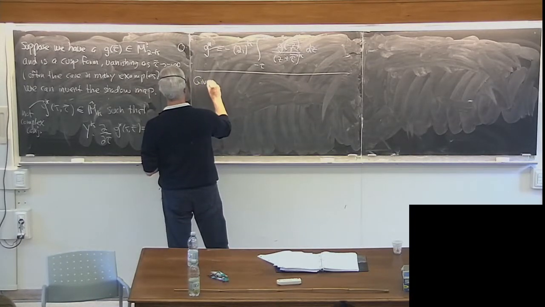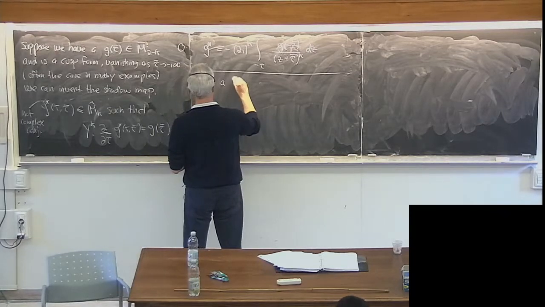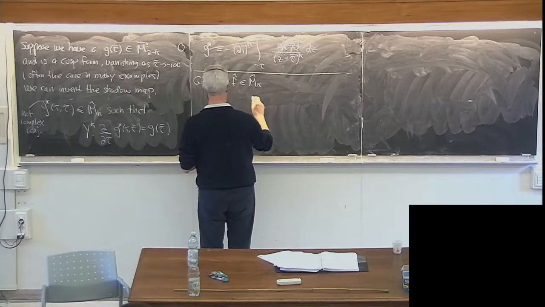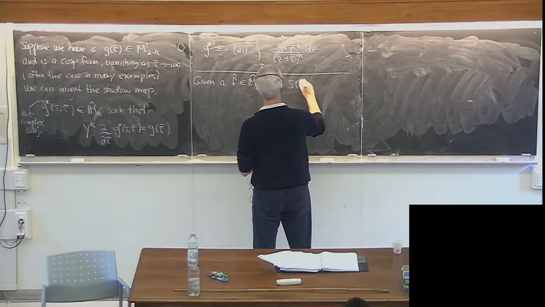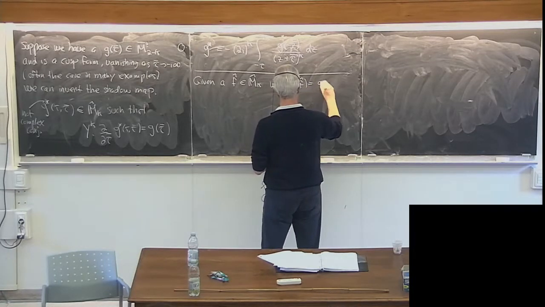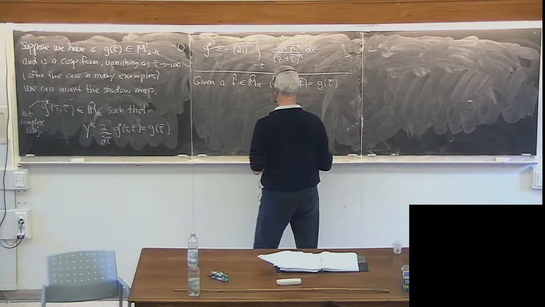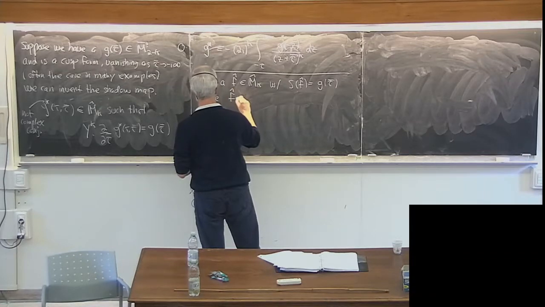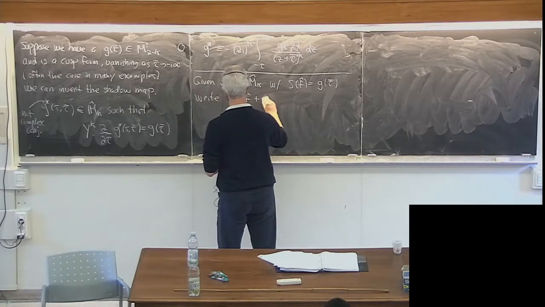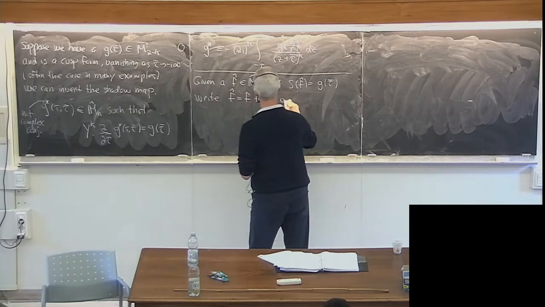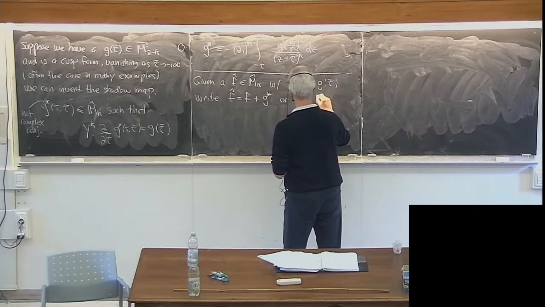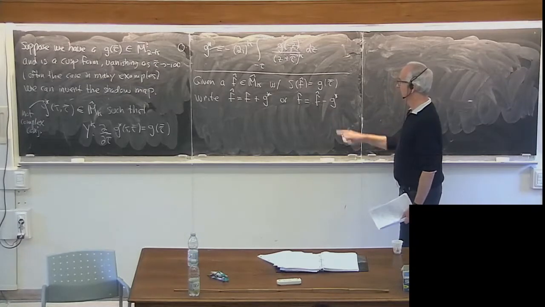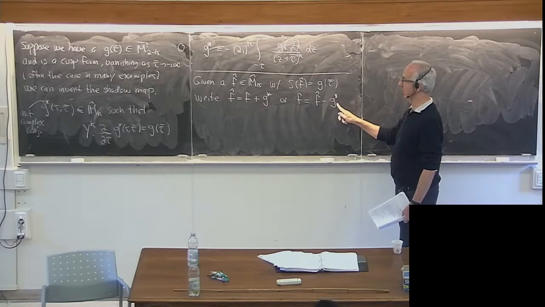So, given a weight k harmonic mass form f hat such that the shadow map acting on it gives a function G of tau bar, we can define a function f to be the difference between f hat and G star, which was the inverse of the shadow map.